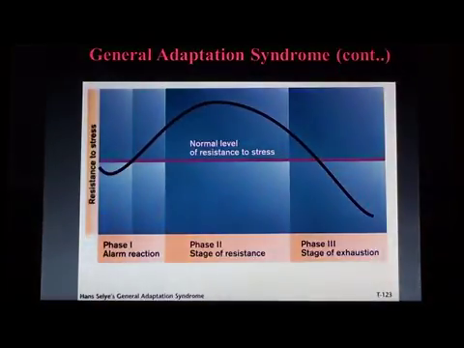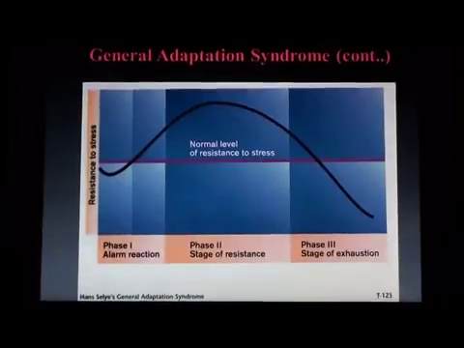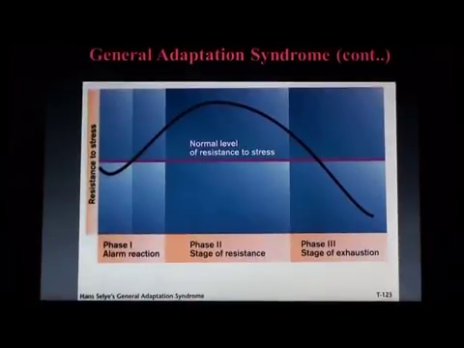The general adaptation syndrome talks of three phases: the alarm reaction, that is phase 1; the stage of resistance, which is the second phase; and the stage of exhaustion, which is the third phase.